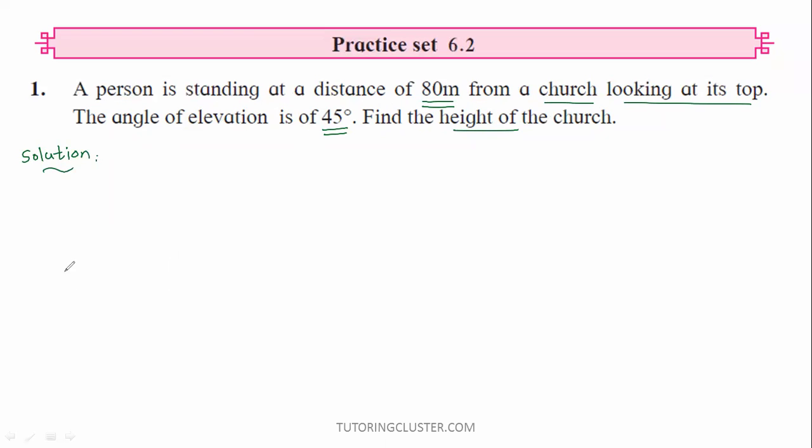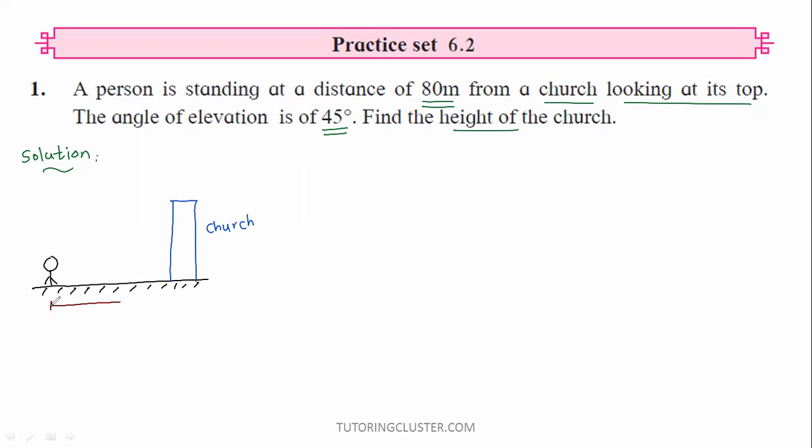So there is one person. Let's say this is a person. Now, you can consider this as the ground. Now, there is one church. The person is standing at a distance of 80 meters from the church.